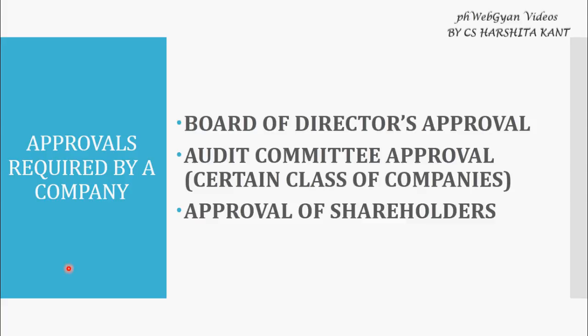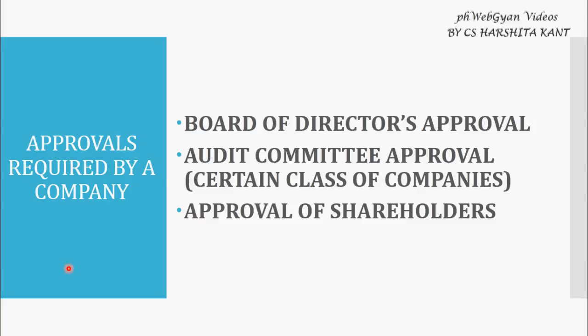The Companies Act has also defined the term relatives, because the relatives of a director and the KMP would also be considered related parties. Clear? The first point is to identify who are the related parties of the company.